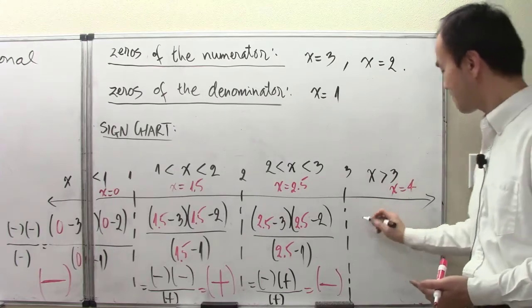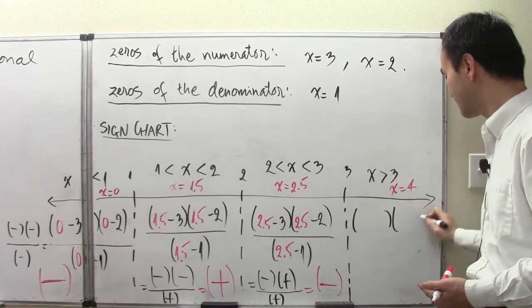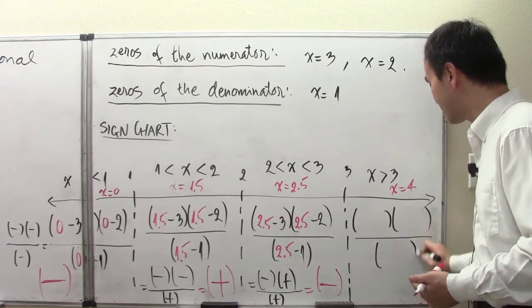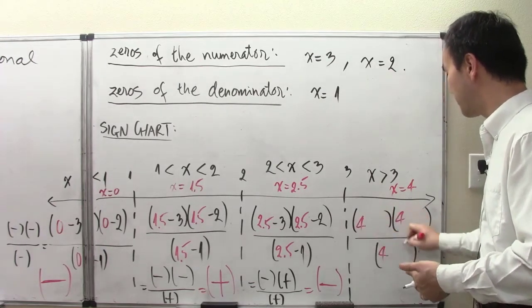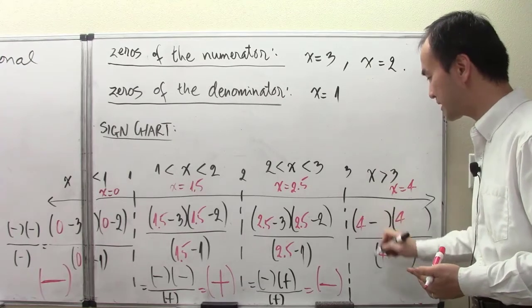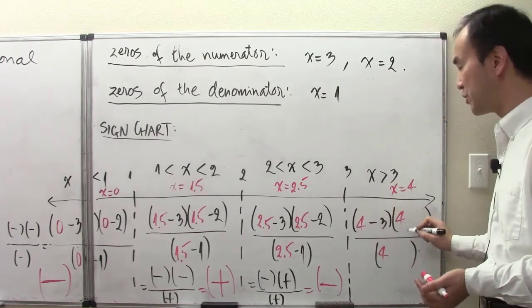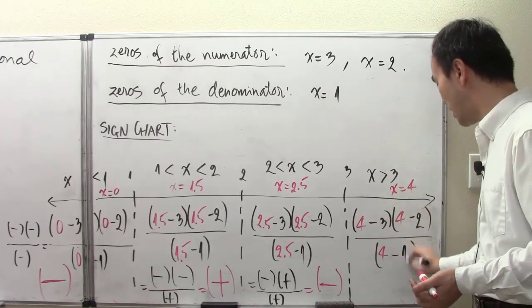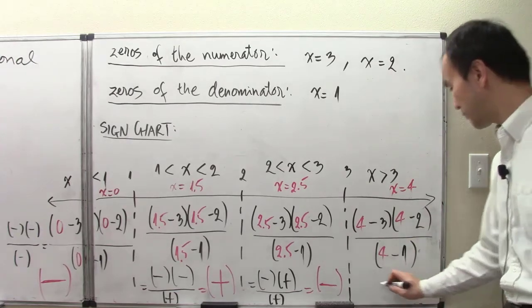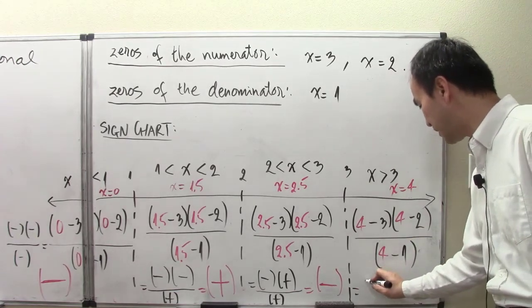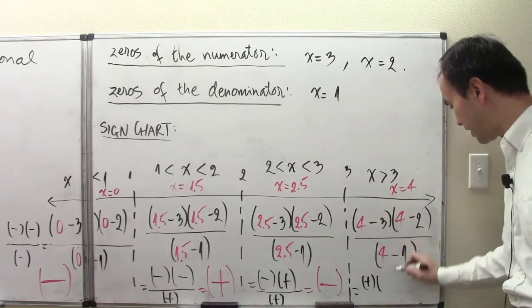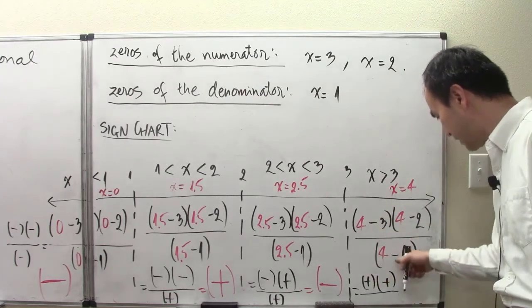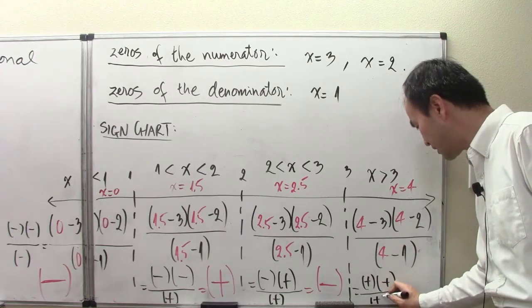Now substitute it in for each x value. I'm going to subtract 3 and subtract 2 in the numerator, and subtract 1 in the denominator. As far as calculating the sign, I'm looking at a positive sign for the first factor, another positive sign here, and another positive sign in the denominator.